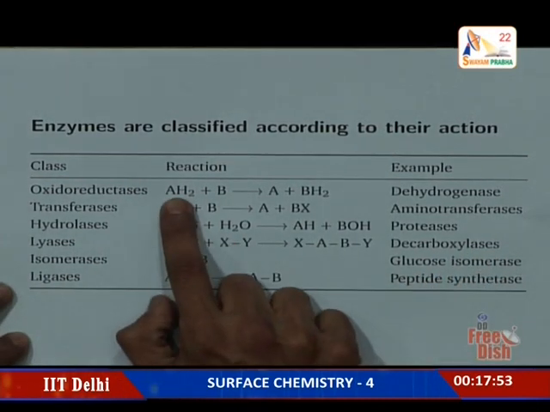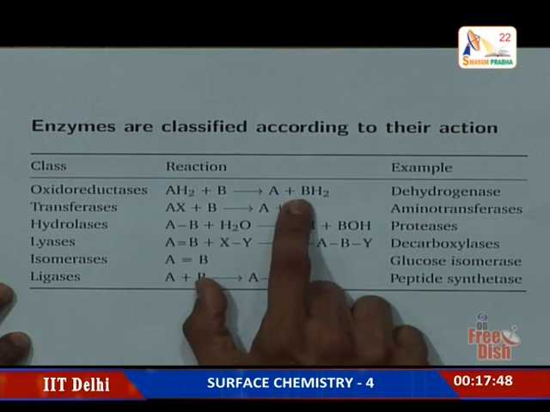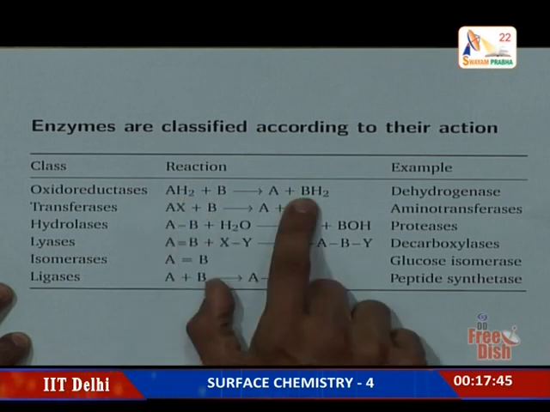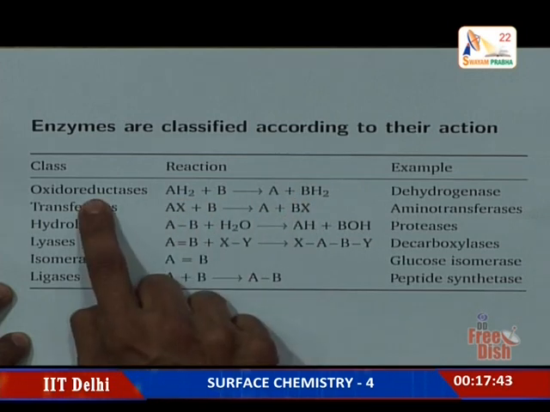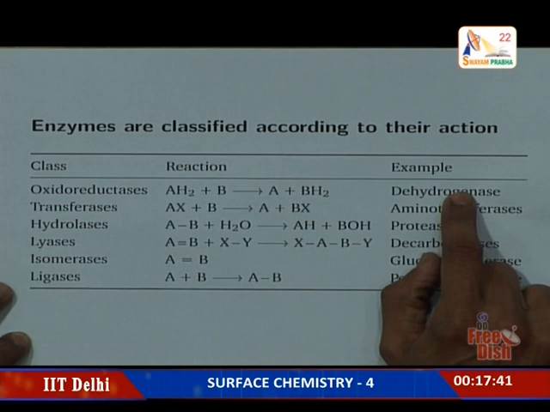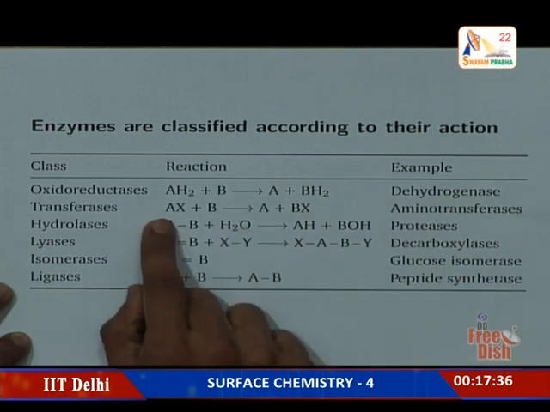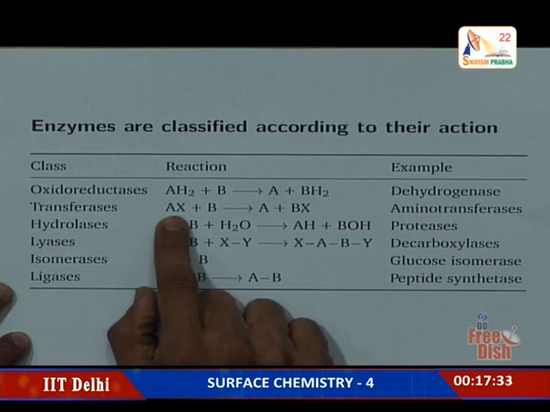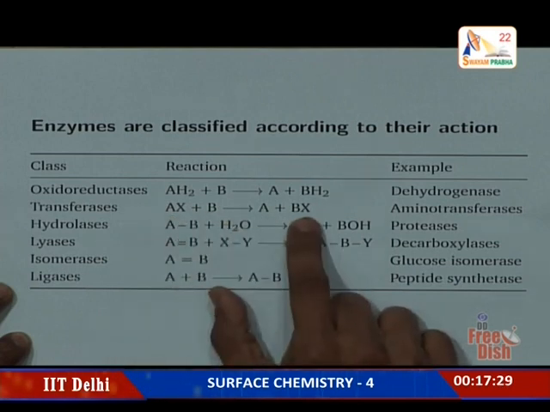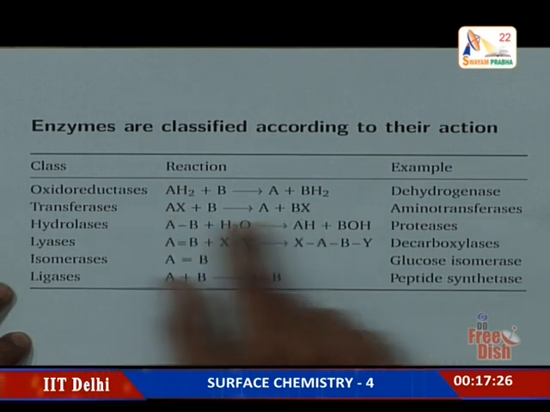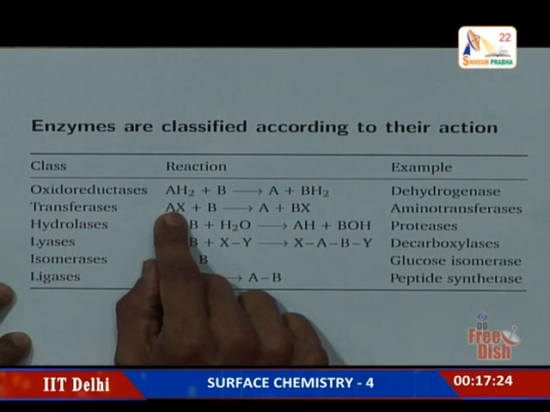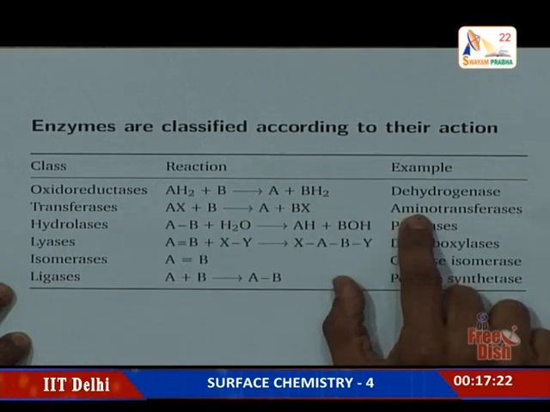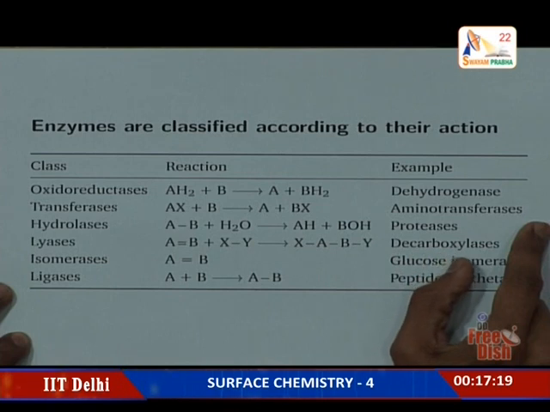If I have a reaction which goes AH2 plus B, where I have a transfer here, then this is called an oxidoreductase, and here is an example of an enzyme which does this kind of reaction. In this case, I have the X group which is attached to A in the reactant side and it gets transferred to B. So, if X happens to be an amino group, then it is called an aminotransferase.